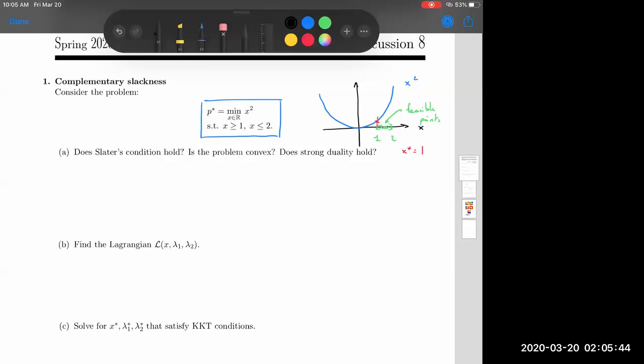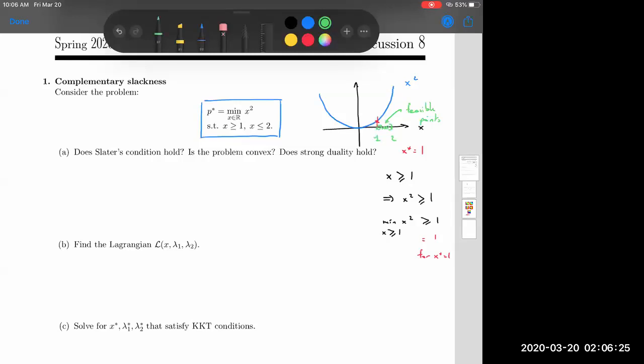Just to make sure that everybody understands, x greater than 1 implies that x squared is greater or equal than 1, which means that the minimization of x squared such that x greater than 1 is greater or equal than 1, and which is actually equal for x star equal to 1.